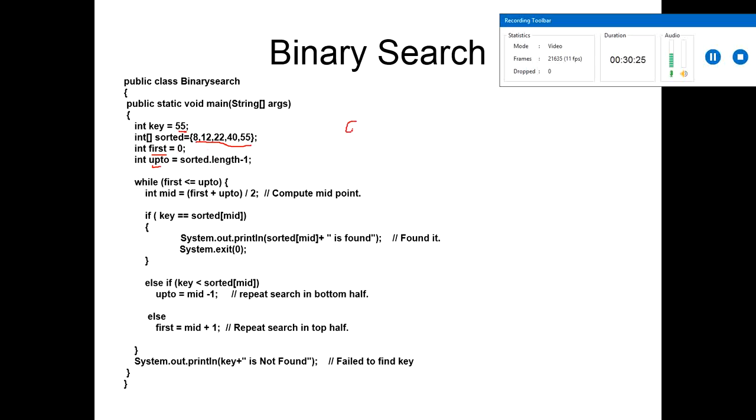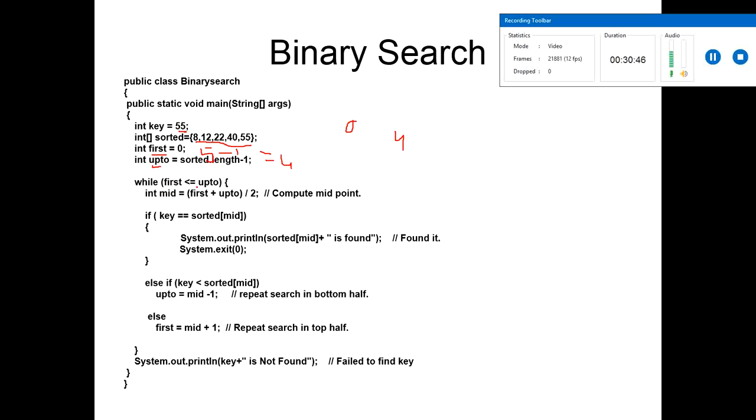First is 0 and upto is sorted length minus 1. What is the length of the array? 5. 5 minus 1 is 4. So first is 0 and upto is 4.